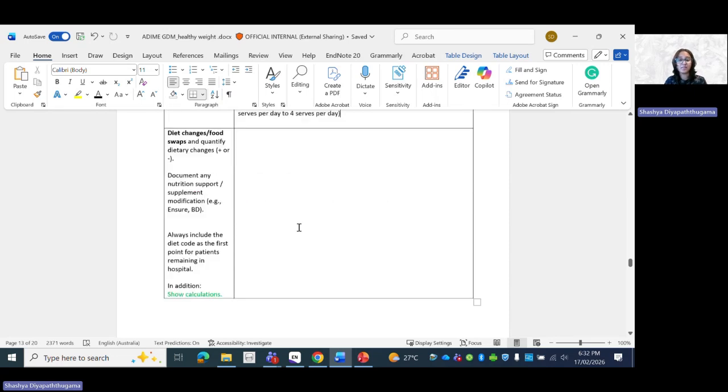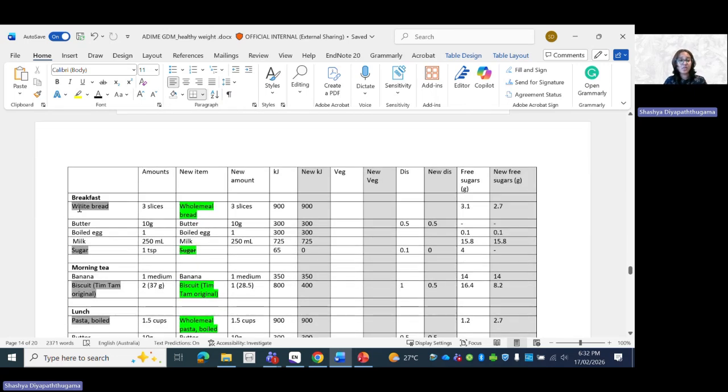Keeping those 2 in mind, I'm going ahead. So white bread is contributing to free sugars. So I thought of swapping it, replacing it with wholemeal bread. So that is an option. So I do not change the amount. I just swapped white bread to wholemeal bread because I was concerned because one of my problems was the types of carbohydrates.